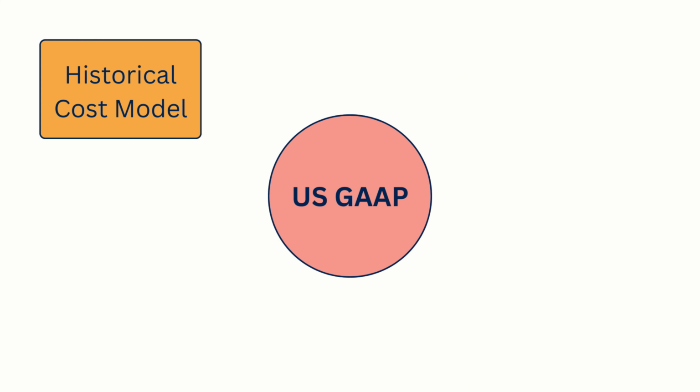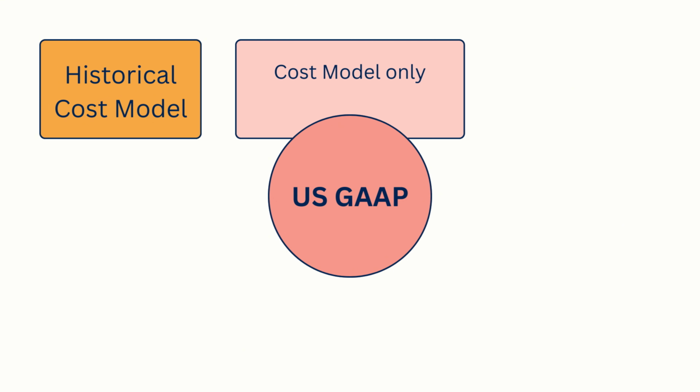Under US generally accepted accounting principles, assets are measured using a historical cost model. Unlike international financial reporting standards and UK generally accepted accounting principles, asset revaluation upward is not permitted. Assets continue to be measured using the cost model only. Revaluation commonly applies to property, plant and equipment.